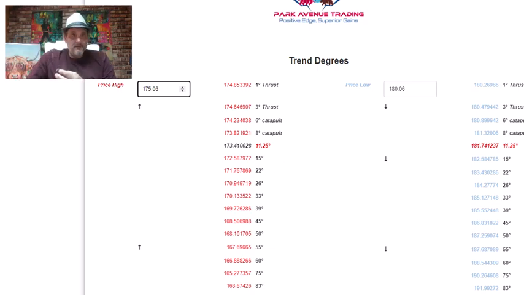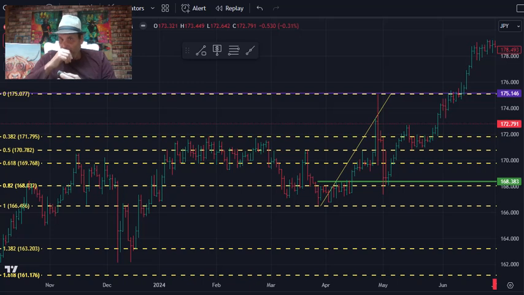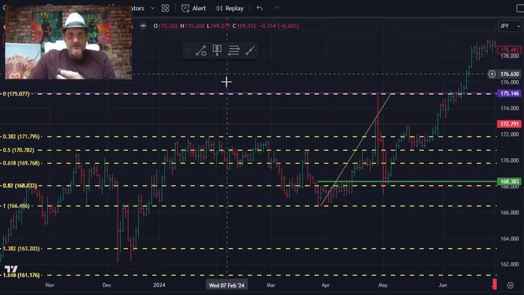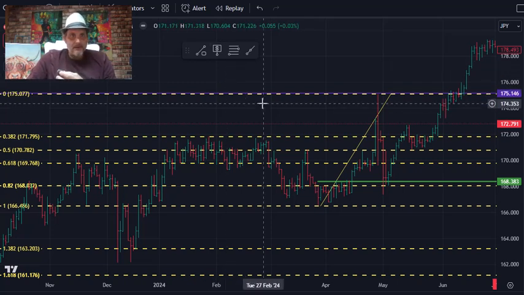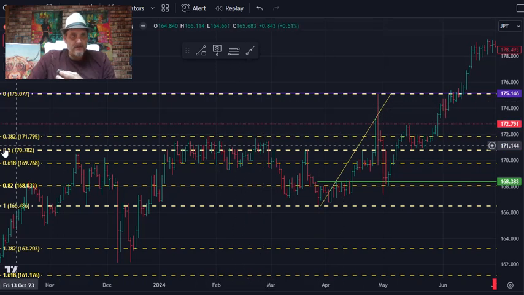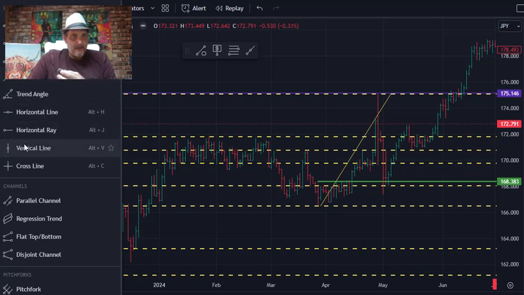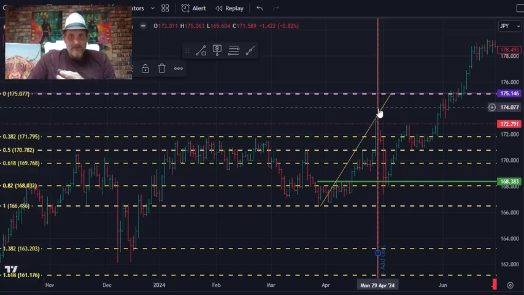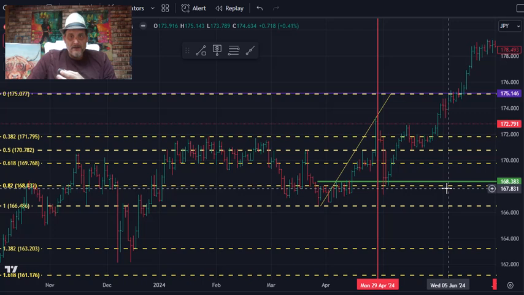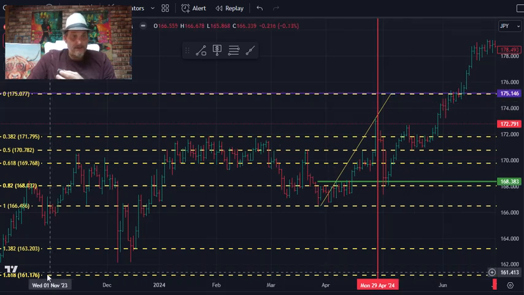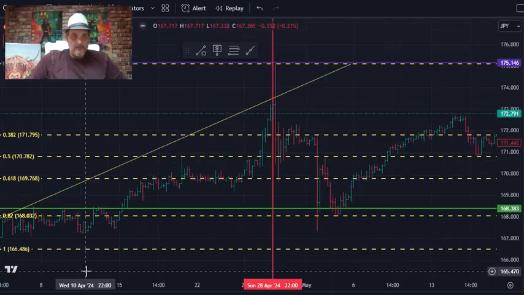So if I go back to my chart here, now this is a daily, and if I switch to like 4 hours, hang on, let's see if I could switch it without any problems. So let me put a vertical line right there. It's the 29th of April. So hang on a second here. Let me pause this. All right.